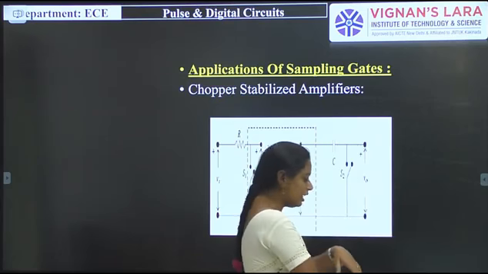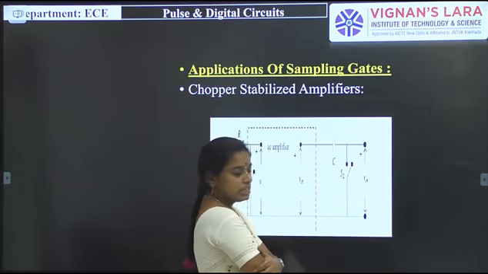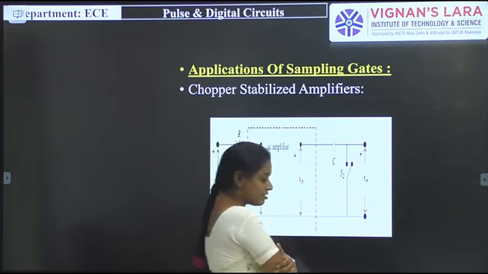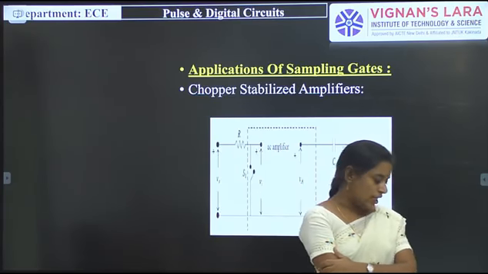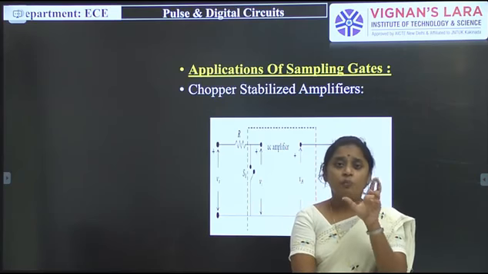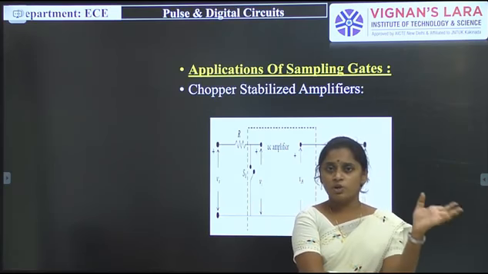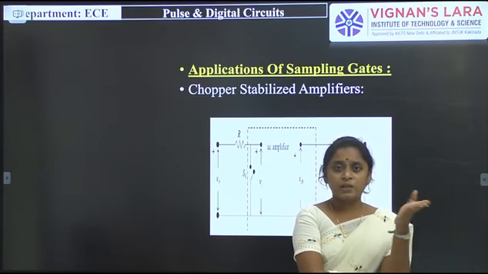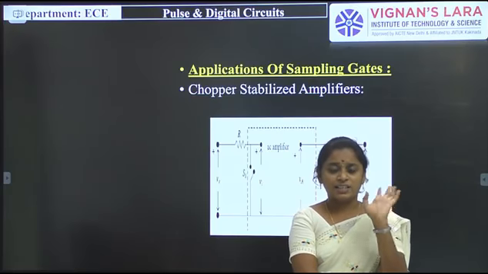At the same time, in this circuit the capacitor and resistor together are called a chopper. When the switch is on, the output will be 0, so the input signal will be chopped, that is, cut or removed.